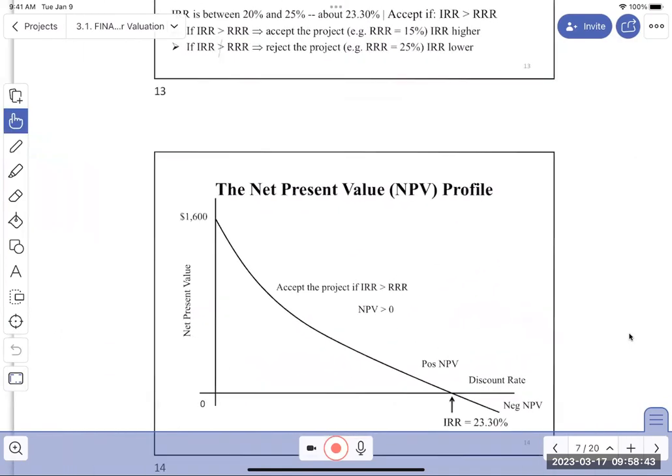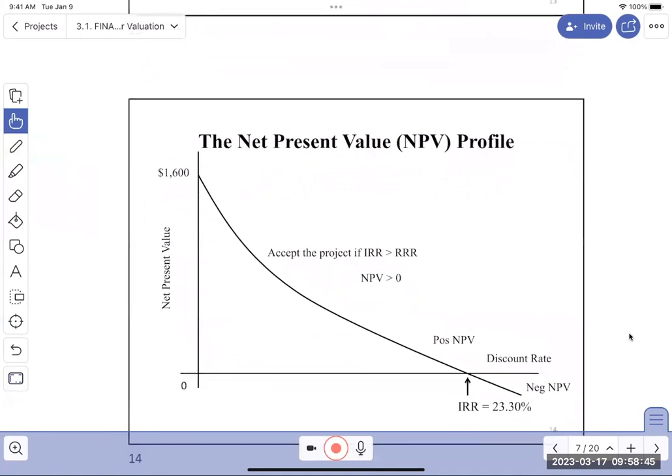What I've plotted here are the discount rate and the net present value. And you see, this line is the equation. For different discount rates, I get different values. For instance, if I put 0 in that formula, what do you get?